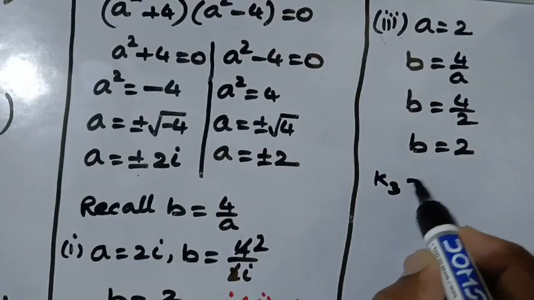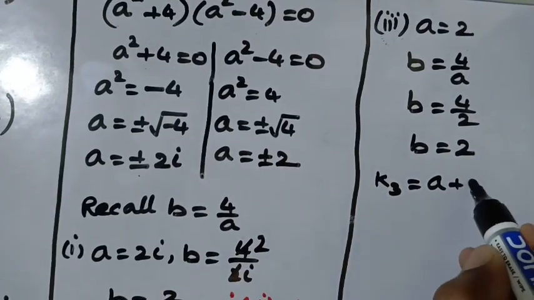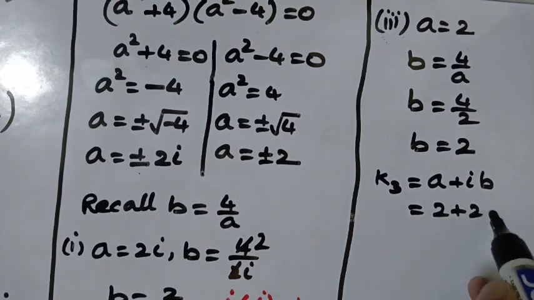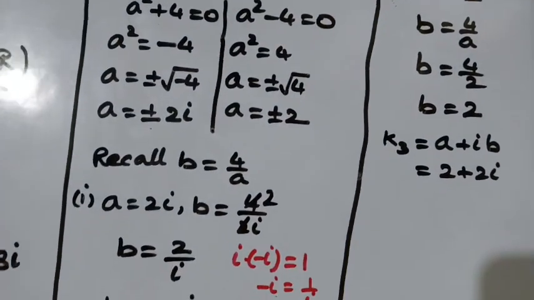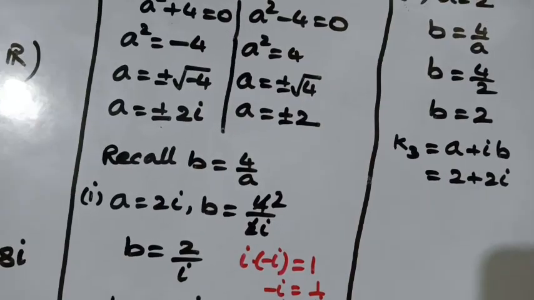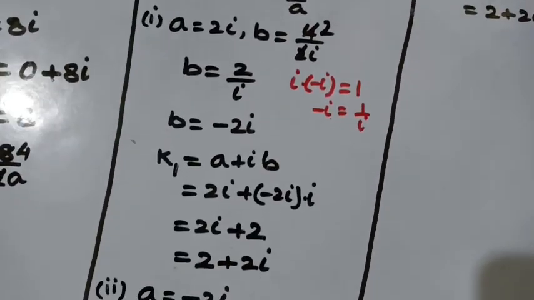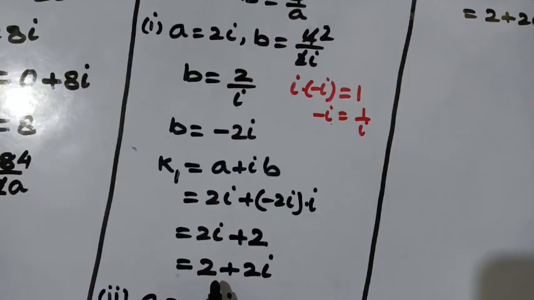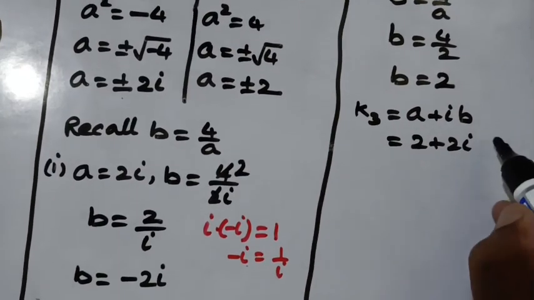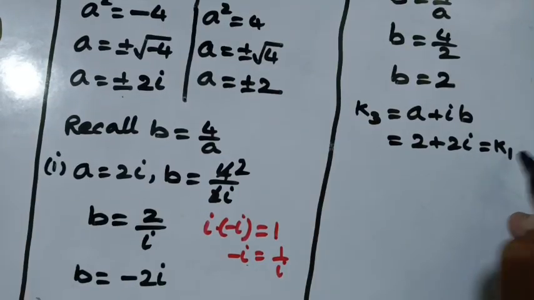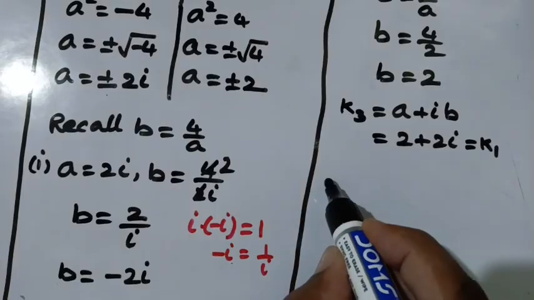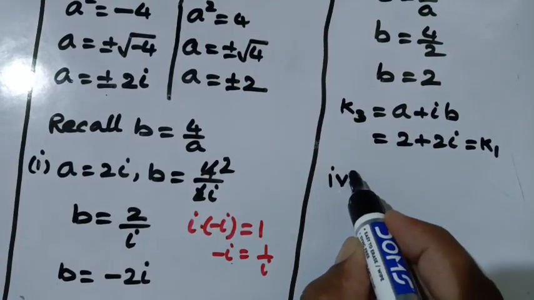So the value of k, which is k3 I call, k3 is equal to a plus ib, and a is 2. 2 plus 2i is the third value of k which I got here. But this 2 plus 2i is same as this value of k, that is k1. So here what I arrived is this k3 is not a different one, but it is equal to k1. The third solution coincides with the first solution, so it is not a different solution.